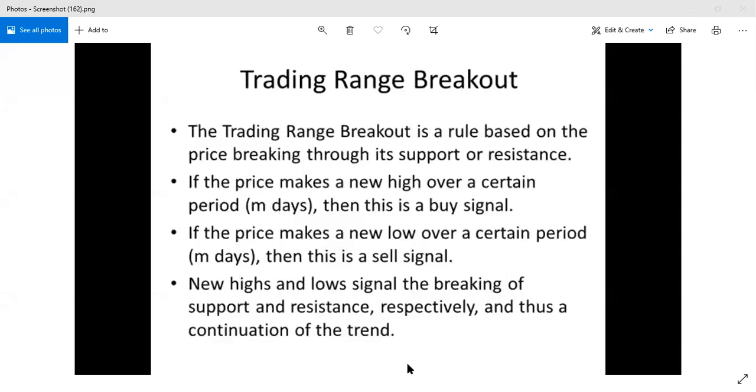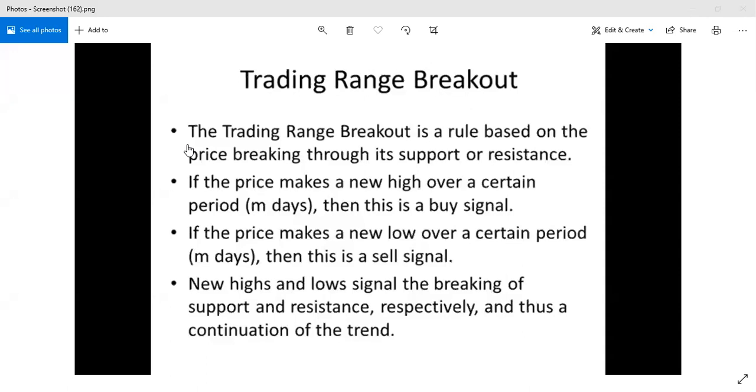Now we will see how to use the trading range breakout. Let's see on the chart. Now we are converting it into the hourly chart, because in the 15-minute chart you can't get more.